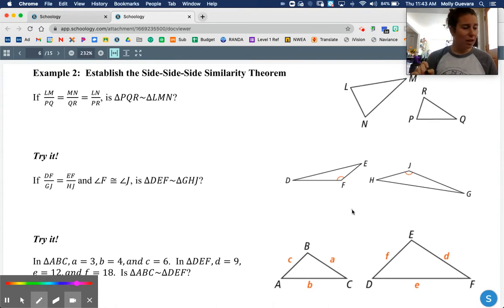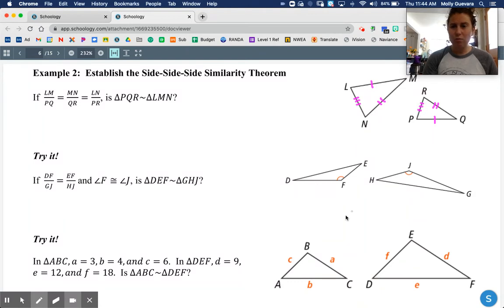Okay, example 2. This says the ratio of LM over PQ is equal to MN over QR and is equal to LN over PR.